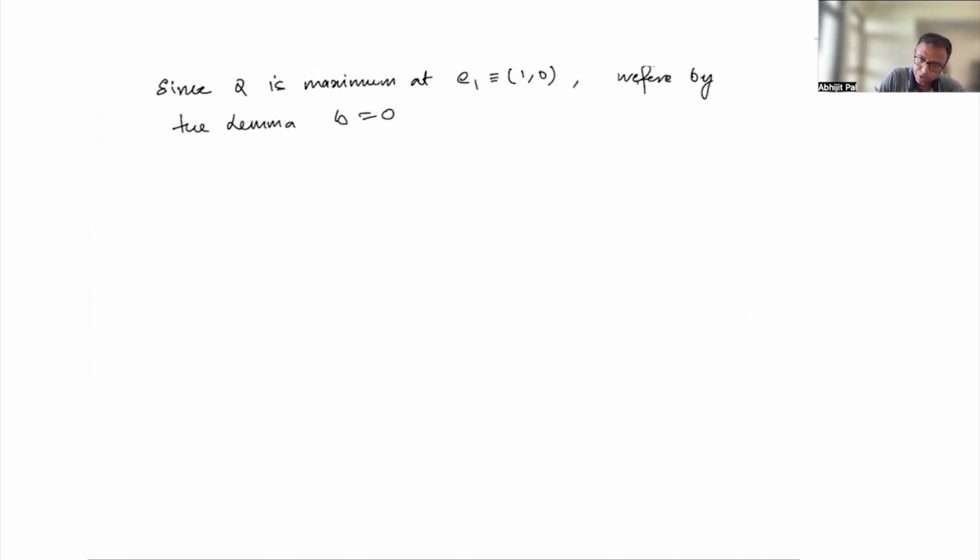So therefore, we have shown that QB is equal to lambda 1 x square plus lambda 2 y square.